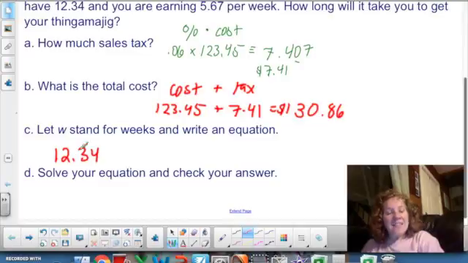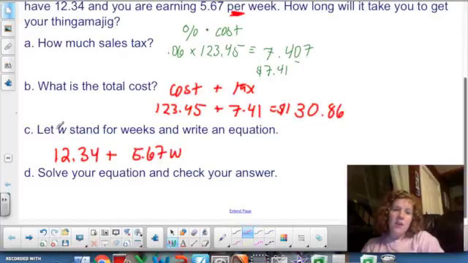I'm going to add to this little nest egg, this little savings account I've got here, $5.67 per week. That per means I am multiplying this 5.67 by the number of weeks that go by. So I'm letting W stand for the number of weeks.